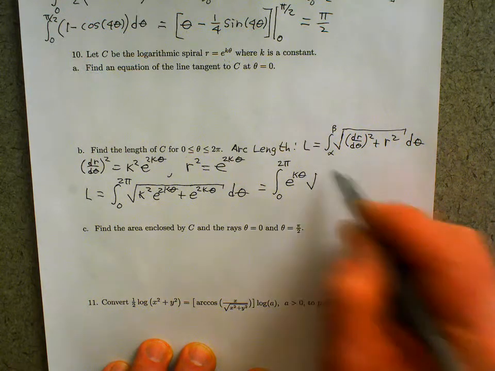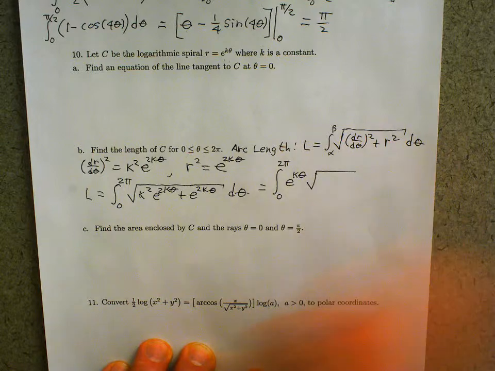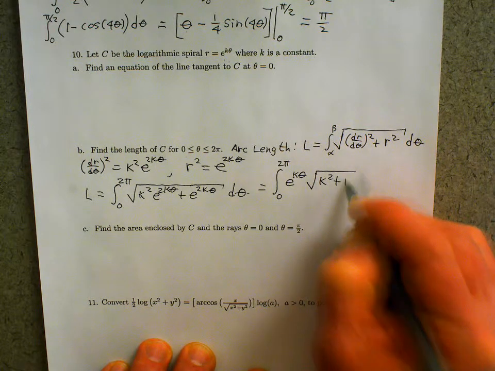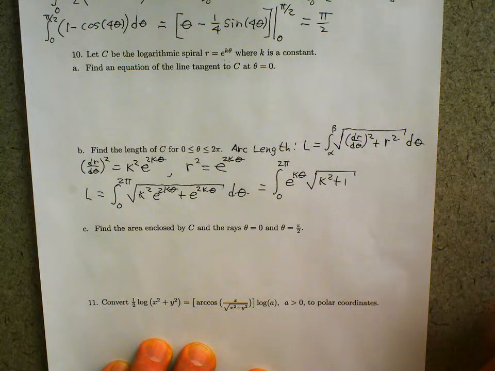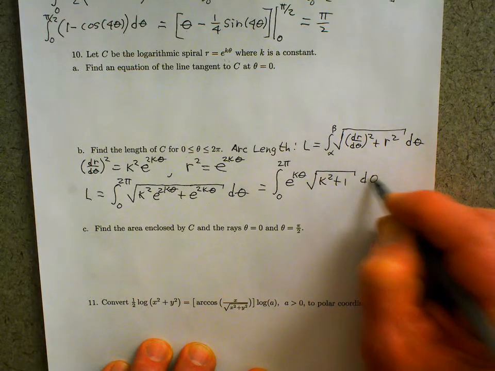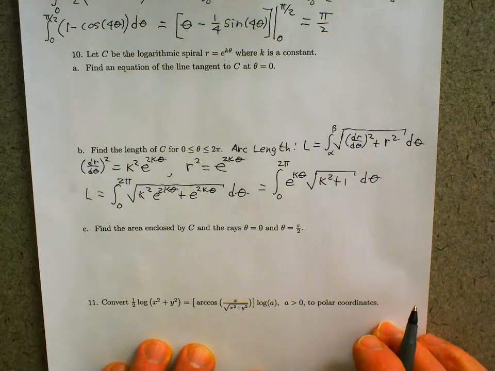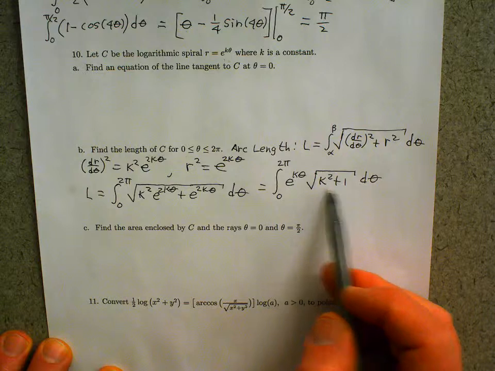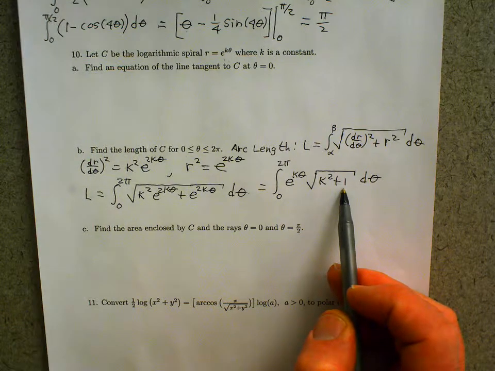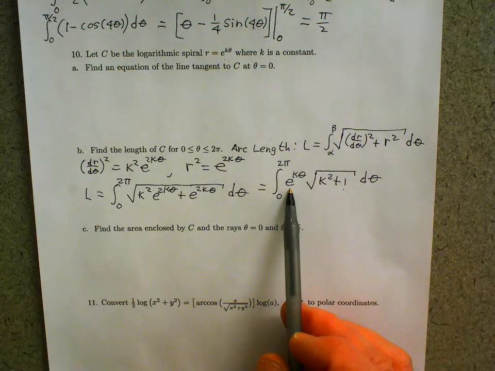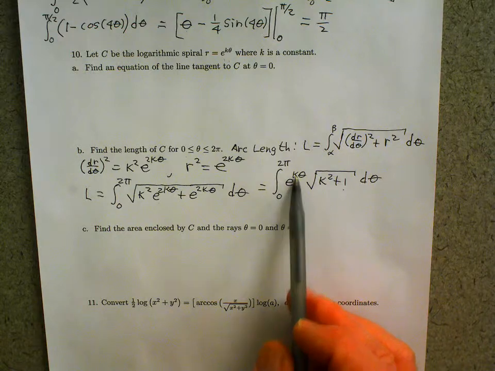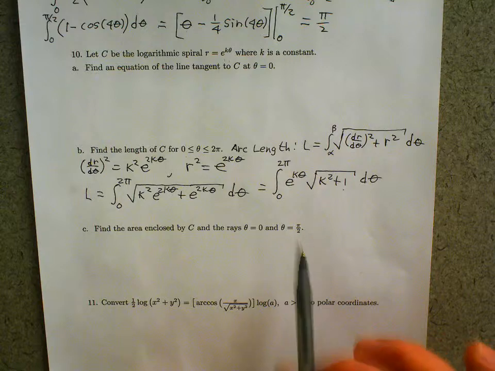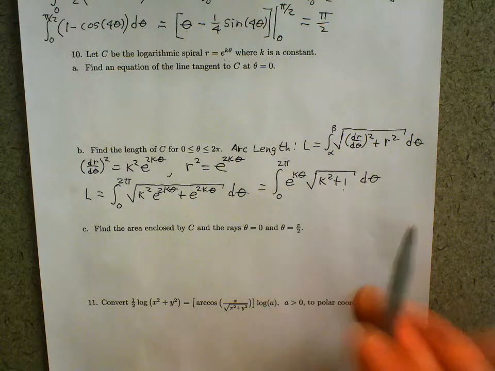And then that's multiplied by the square root of k squared plus 1. The square root of k squared plus 1 is just a constant, and an antiderivative of e to the k theta with respect to theta is 1 over k times e to the k theta.